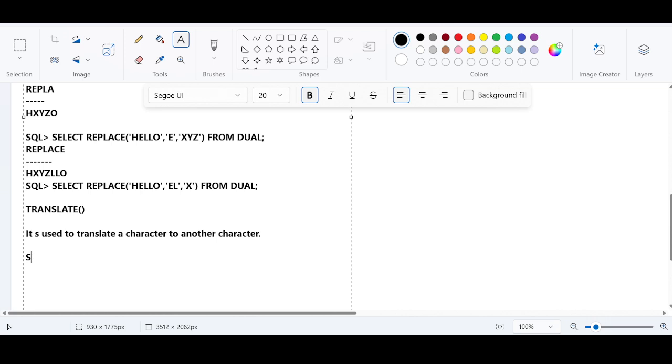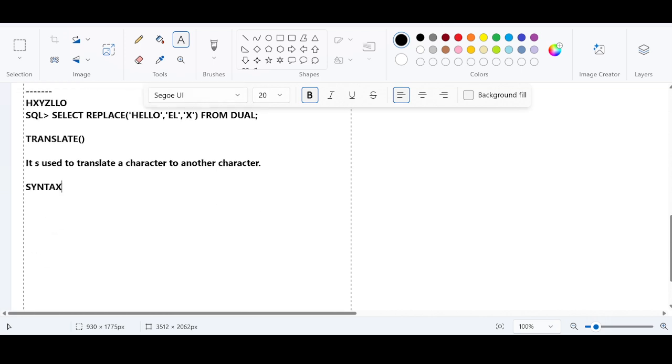The syntax says translate. You collect a particular string in parameter one, the actual string. You collect the second string in parameter two. You collect the third string in parameter three. So by this, I can conclude that it is accepting how many arguments? Three arguments, right? So let me take this in capital letters.